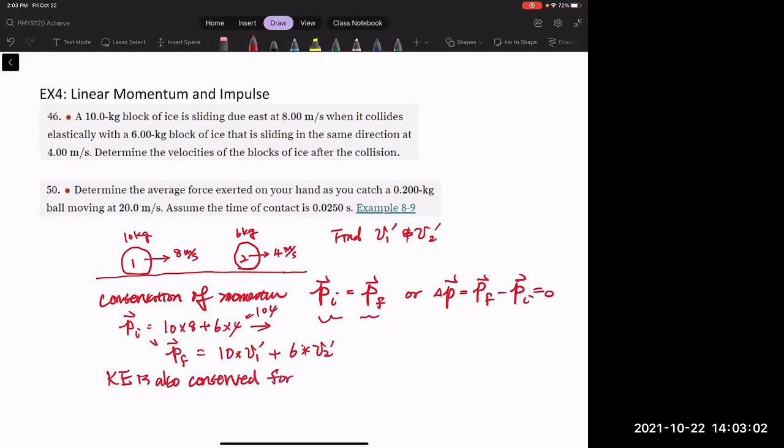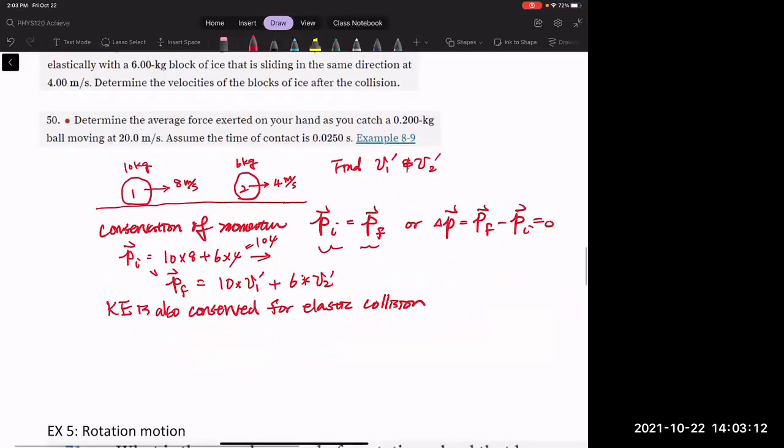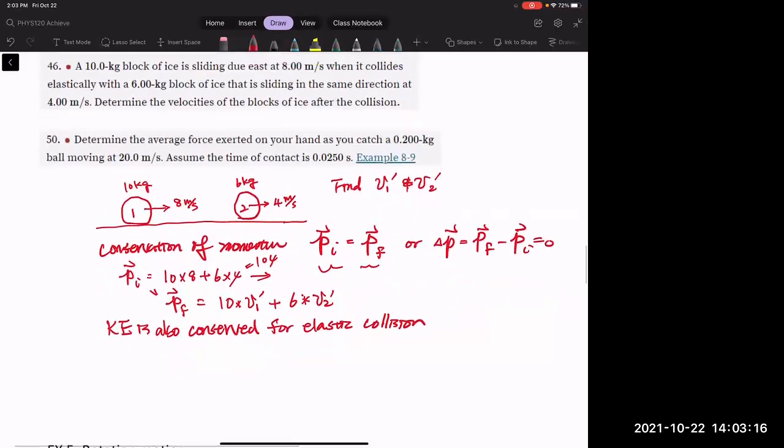And this is for the elastic condition. This will not work for the inelastic collision. In inelastic collision, you don't have conservation of kinetic energy. So kinetic energy conserved means the beginning kinetic energy equals the final kinetic energy. So KEI equals KEF. What is the KEI?